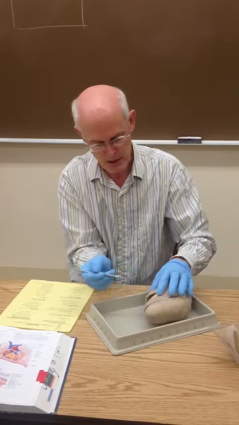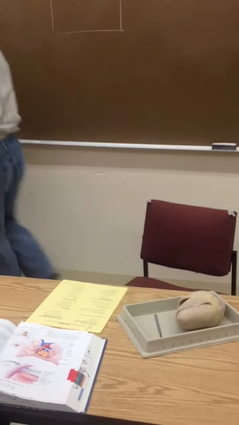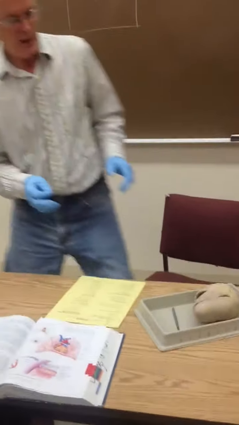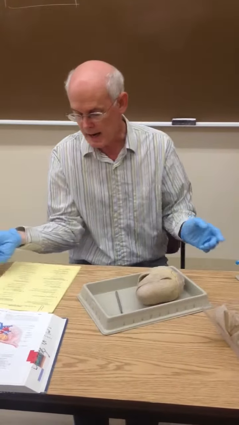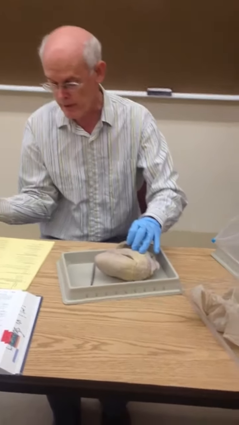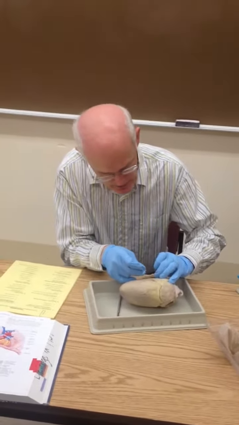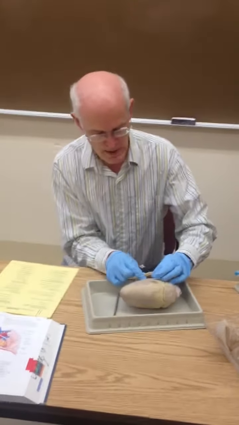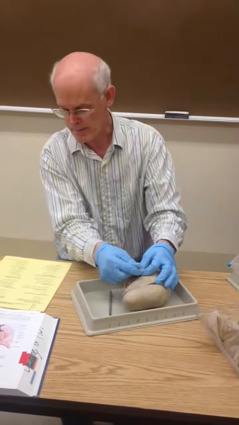So here's the epicardium. If I was going to pin here, if it said what layer of the heart wall, I'd poke it anywhere on the outside for epicardium, anywhere on the inside for endocardium, and for the myocardium, I'd have to go right into the muscle where it's cut open, because that's the only place you can actually see the myocardium.